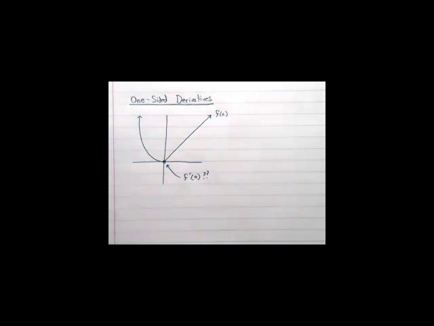What it does have is a left-handed derivative and a right-handed derivative. There's one-sided derivatives. Okay? So what is the left-hand derivative at this point? 0, because right, it's coming down and then the slope is approaching 0. What is the right-handed derivative over here? Like 1 or 2 or whatever the slope of that line is, right?